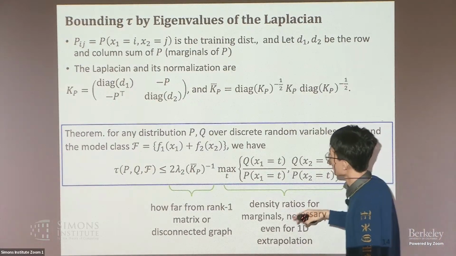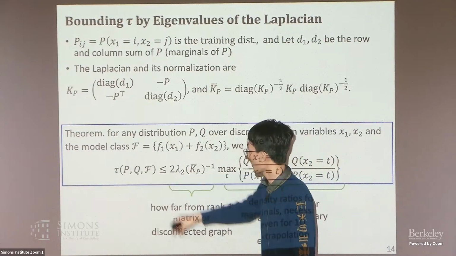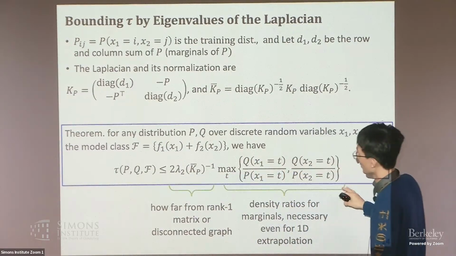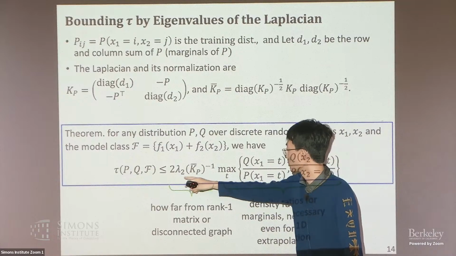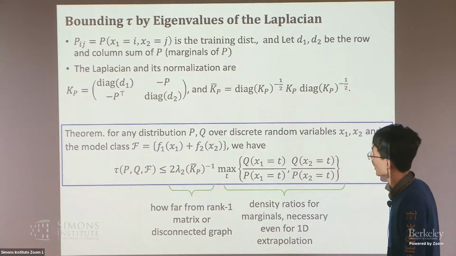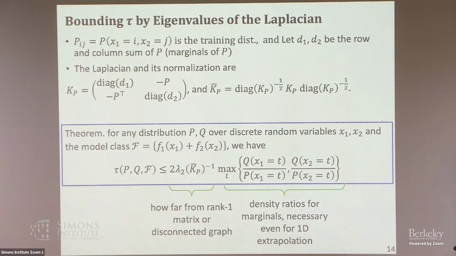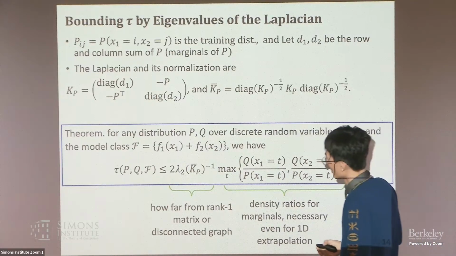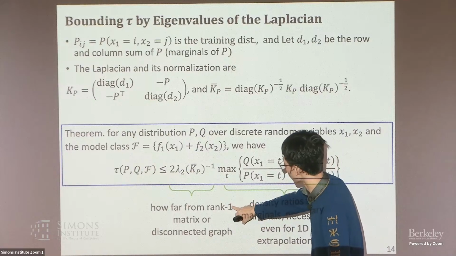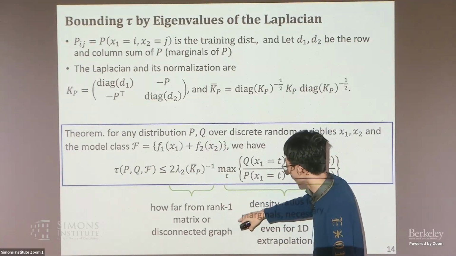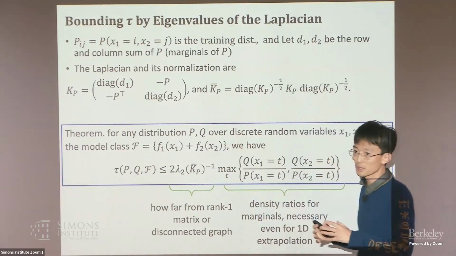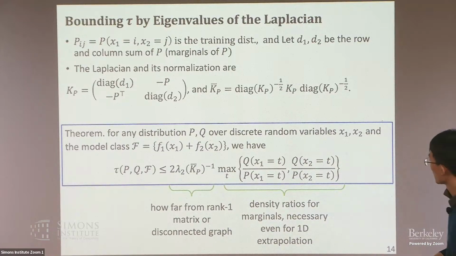under these assumptions, this ratio tau is bounded by 2 things. One thing is lambda, the second largest eigenvalue of the normalized Laplacian, to the power of -1. So this is basically measuring how far the support of P is from rank 2 matrices.